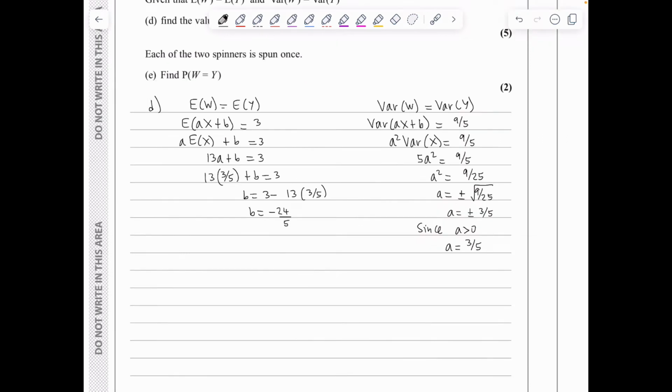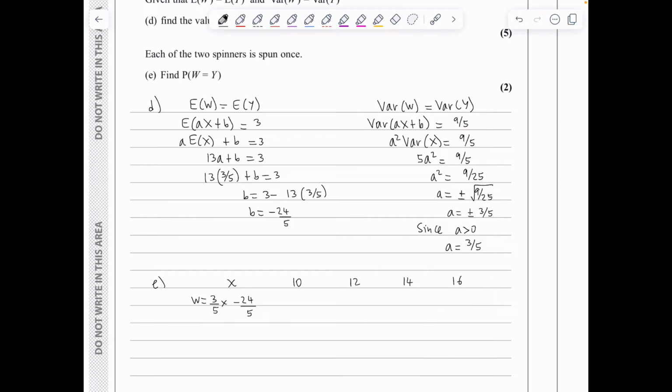We then have that each of the spinners is spun once, and we need to find the probability of W being equal to Y. So remember that we had X attaining values of 10, 12, 14, or 16. We have that W is defined to be 3 over 5 x minus 24 over 5, now that we've got the values of a and b.